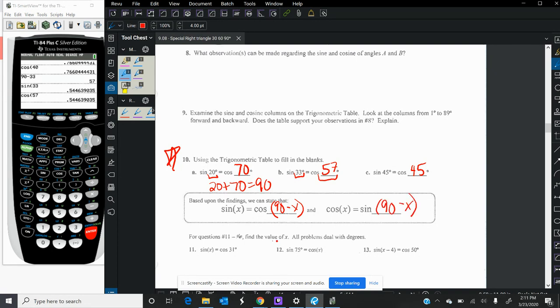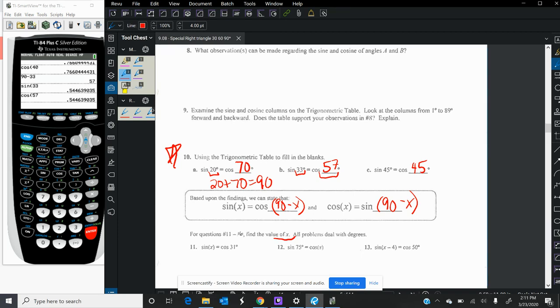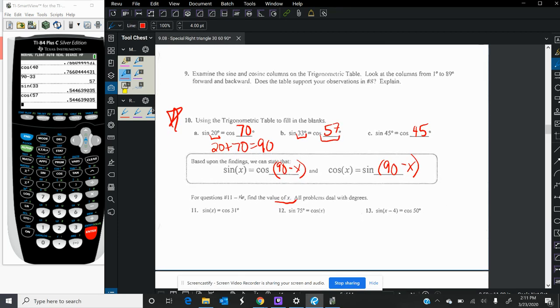Now to solve for x using this rule, the best suggestion I have that'll work for you nicely every time is to take these two numbers that are inside and sum them to 90. So x plus 31 equals 90. Therefore, x is 59 degrees. Same thing with our number 12: 75 plus x equals 90 would make x 15.